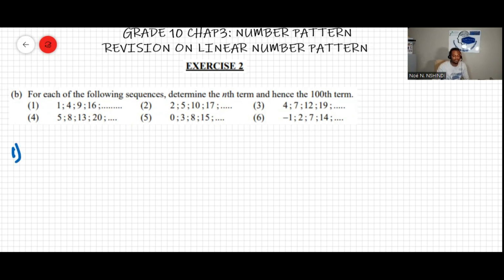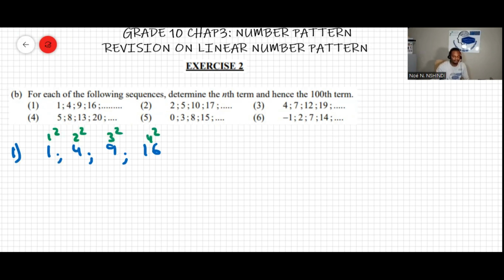You notice that we have 1, 4, 9, 16. Unlike the first question, here we don't notice any constant ratio. But what we can notice is that each term is a square number. 1 is a square number, 4 is a square number. They're square numbers, all of them. 1 is 1 squared, 4 is 2 squared, 3 squared, 4 squared.